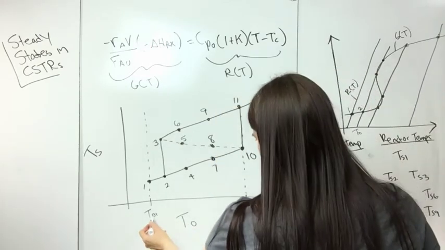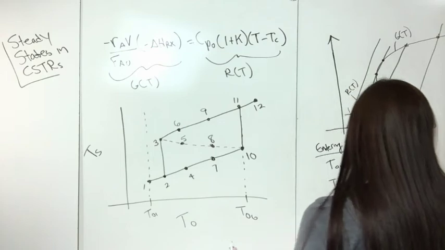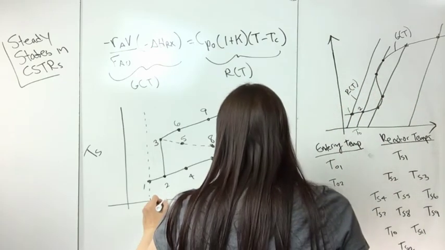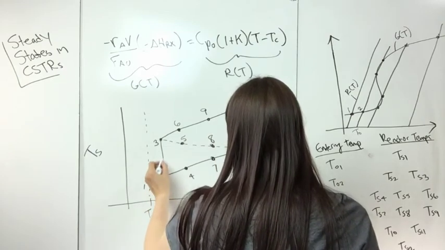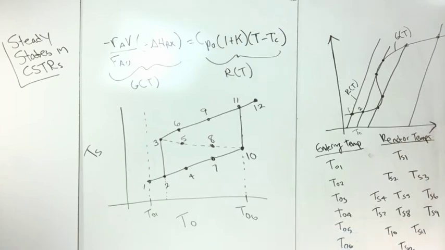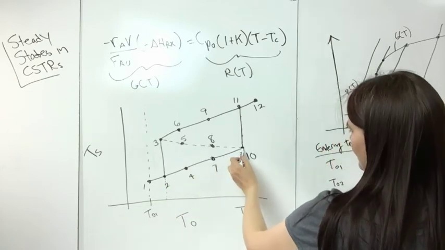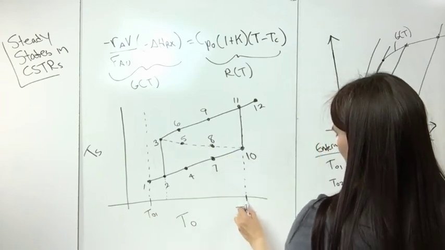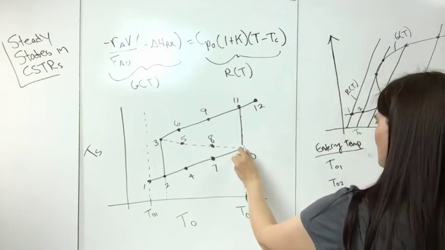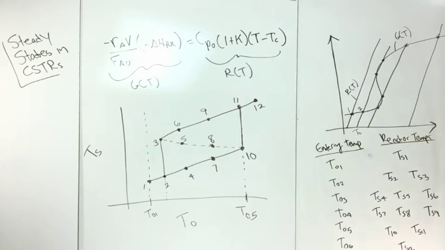So for instance, if your entering temperature is T01, you only have one potential steady state. But if you have T02, then you could potentially have this steady state or this steady state. So as your temperature increases along here, it will continue to increase until you get to T05, and at that point, your reaction temperature will jump to 11, to whatever this temperature is.